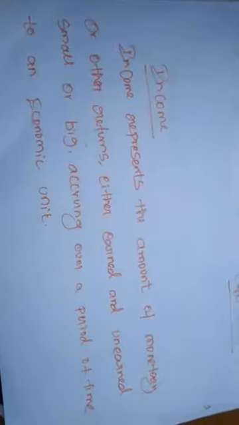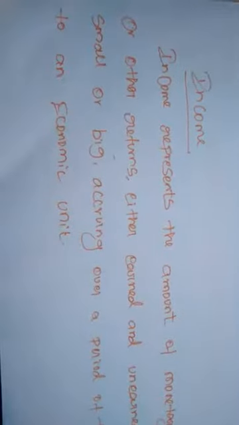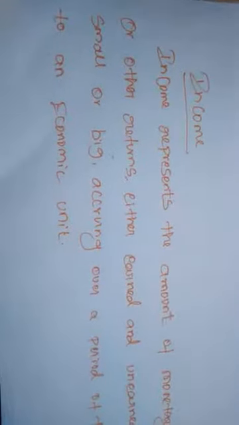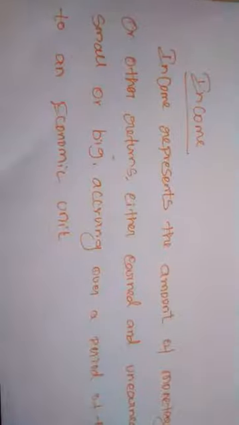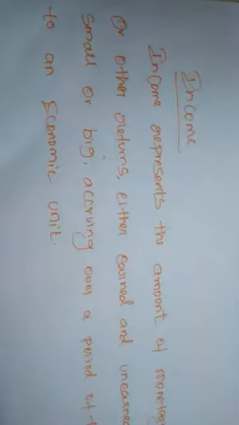Either earned or unearned: sometimes they earn, and sometimes they incur a loss and cannot earn. So from an economic unit, within a particular time, if the producer or seller earns in the form of monetary units or other assets, that is called income, right?